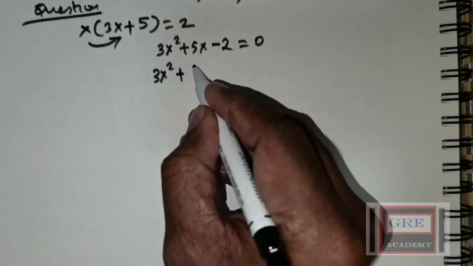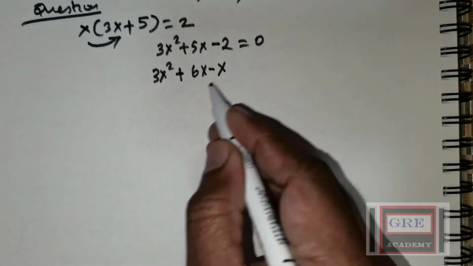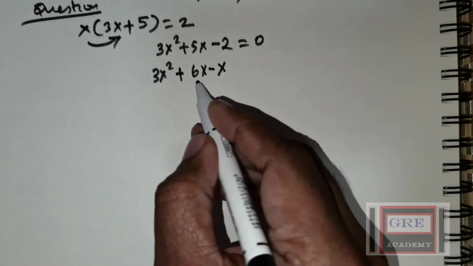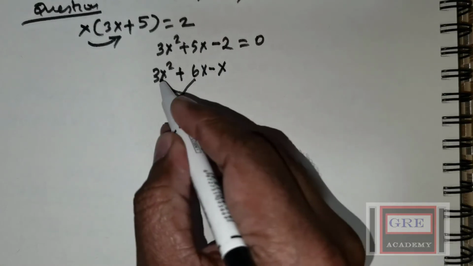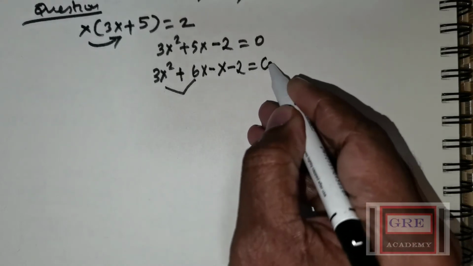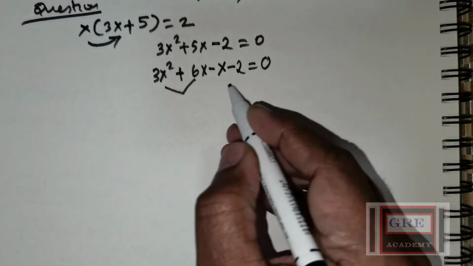That is only possible if I have a 6x and remove x from it. So 6x negative x gives me 5x, but at the same time I can club these two together and take 3x out. Now bring the negative 2 down, so that's going to be 3x squared positive 6x negative x negative 2 is equal to 0.